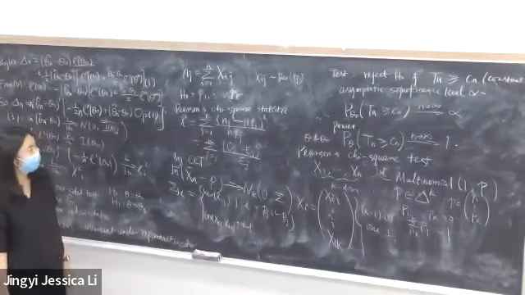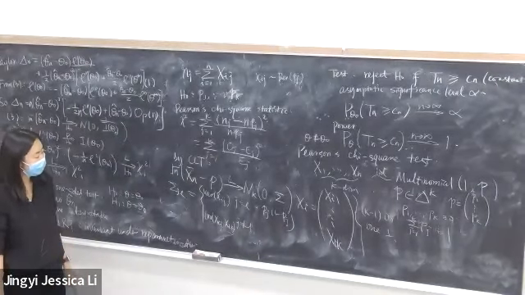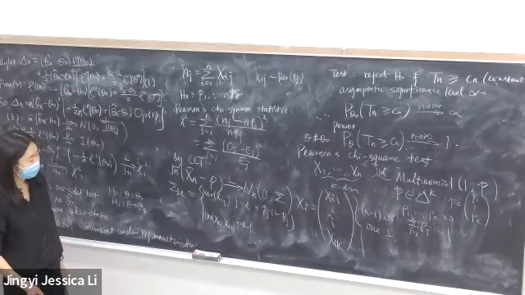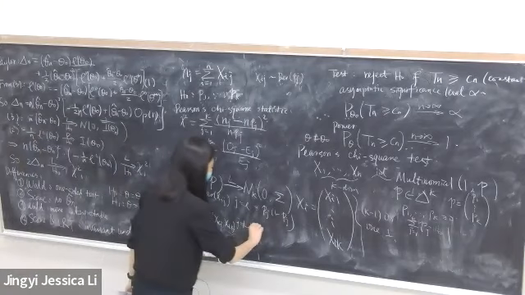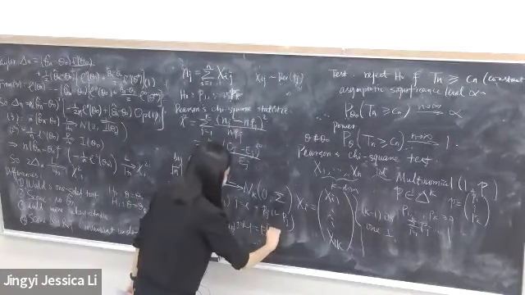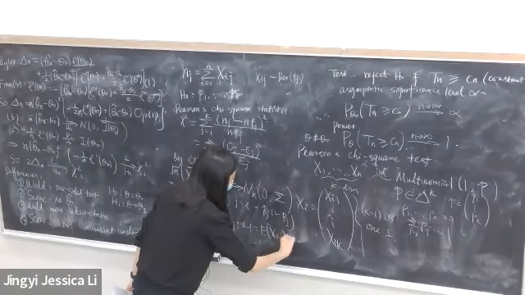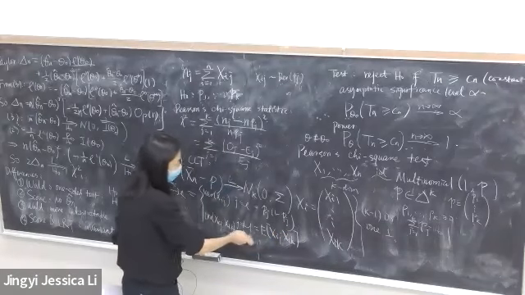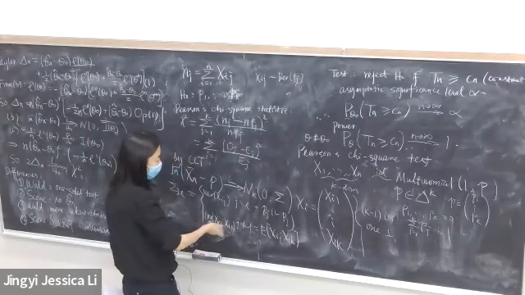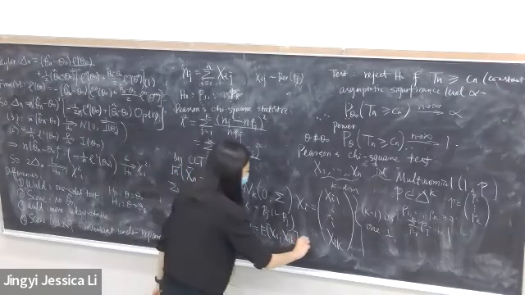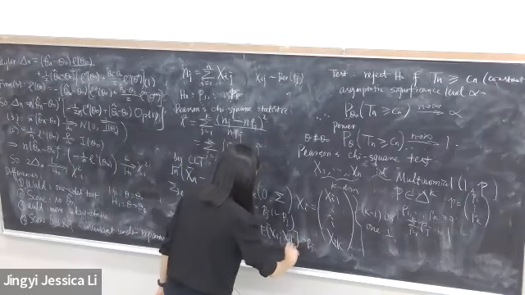Okay, how about the covariance of Xij, Xil? For this, I'm going to just use the definition of covariance. This is equal to the expectation of Xij Xil minus the product of each expectation, which is Pj Pl.